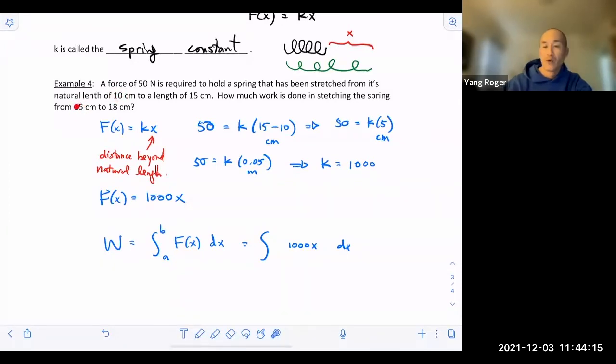But I kind of want to work in meters. So instead of writing 5 centimeters, I'm going to write 0.05. And that's going to represent the distance in meters. I can do the same thing with the 18 centimeters. 18 centimeters is 8 centimeters beyond the natural length. So instead of writing 8 centimeters, I'm going to write 0.08 meters.